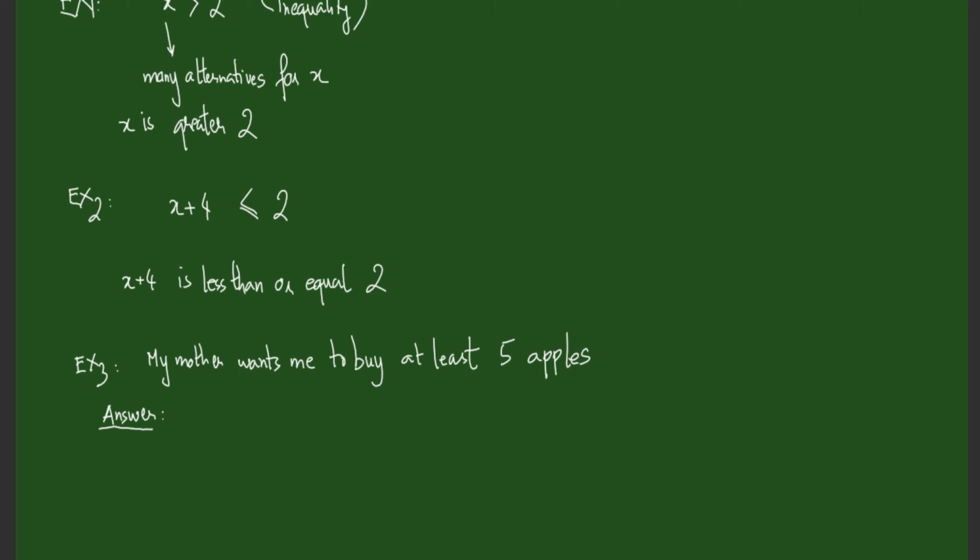So let me call x the number of apples. The answer will be x is at least 5, it means x is greater than or equal to 5. See that? Very easy, right?